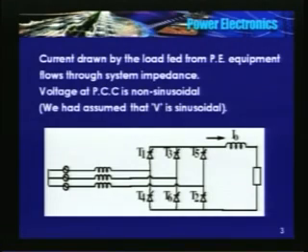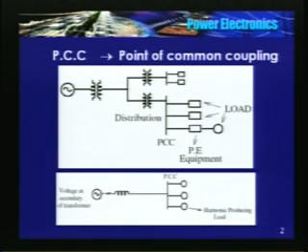Now, if you see the equivalent circuit, if I have a very stiff system, in other words, this impedance is very small, or if it is 0, I can allow any amount of harmonics, because the impedance itself is 0, and the voltage at this point is still going to be a sinusoid.